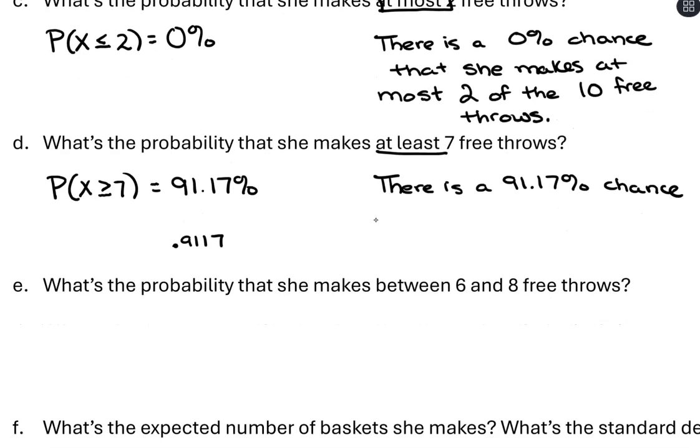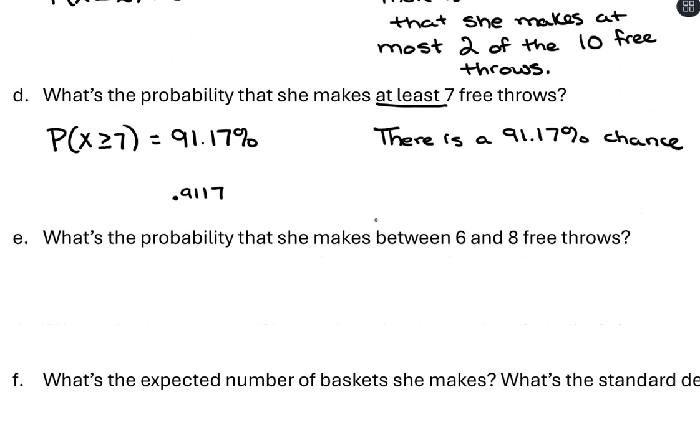Okay, so I'm going a little faster so that it's not a terribly long video. What's the probability that she makes between 6 and 8 free throws? We're going to assume this is inclusive. So we're going to assume that 6 and 8 is part of this group.